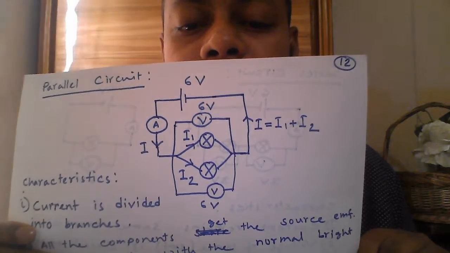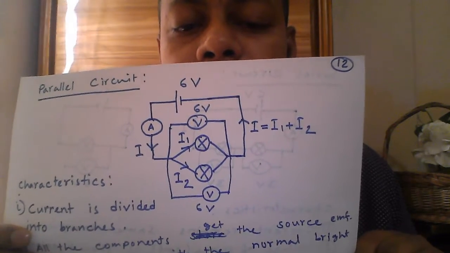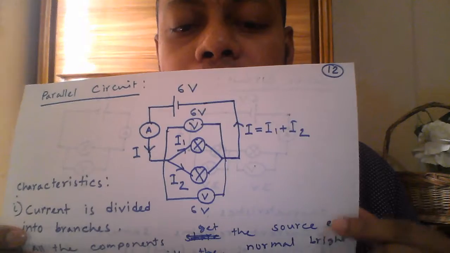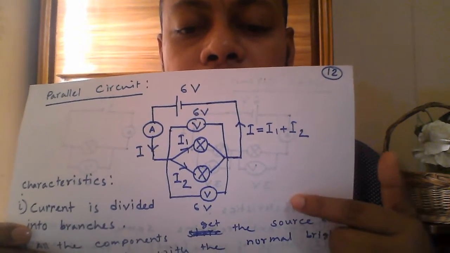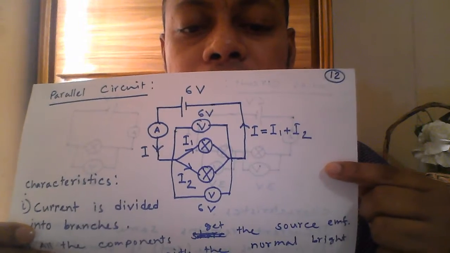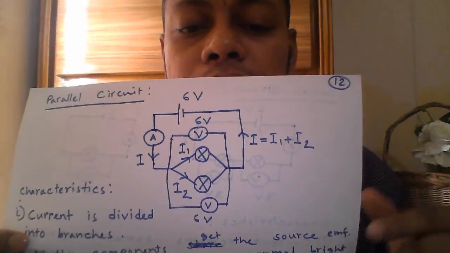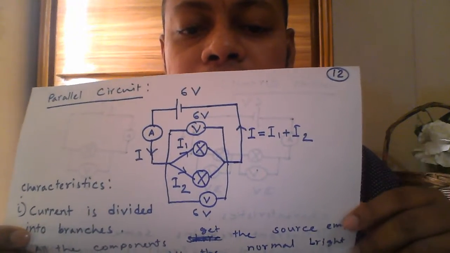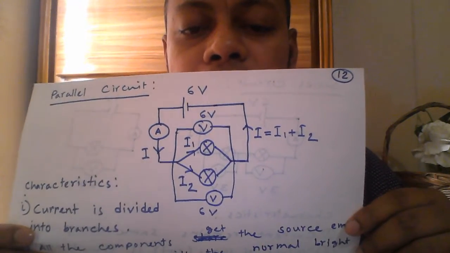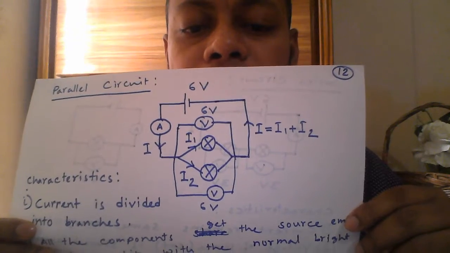They are connected across each other, and look, the left side of their connection is going to the positive terminal and the right side is going to the negative terminal.